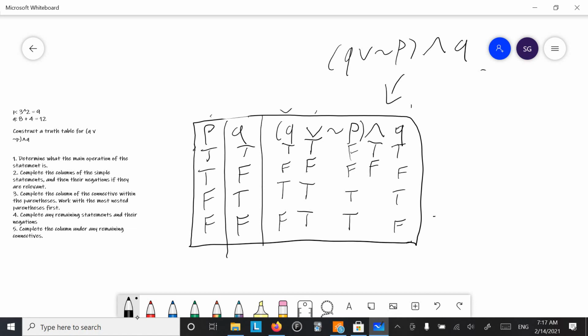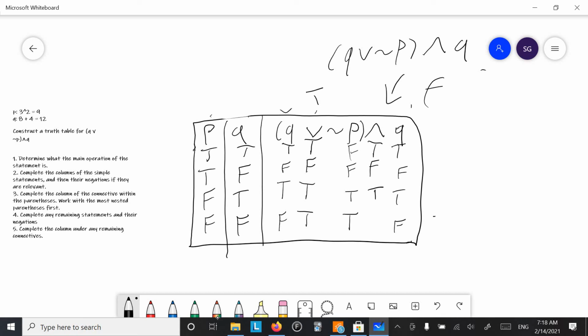Okey-doke. Alright, and what do we see here? We see the disjunction is true, and the Q is also true. So that means this is true. Now, we see here that the Q is false, but the disjunction is true.